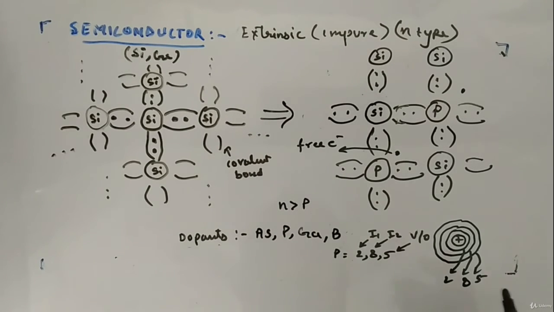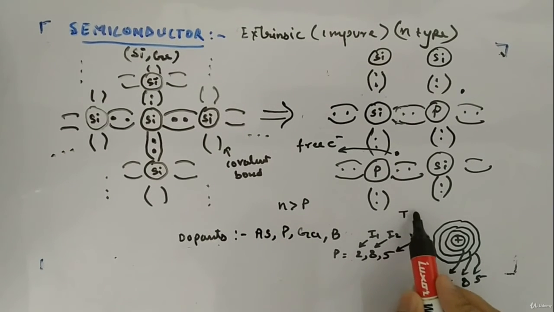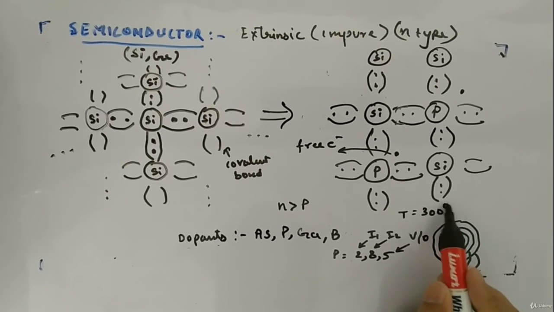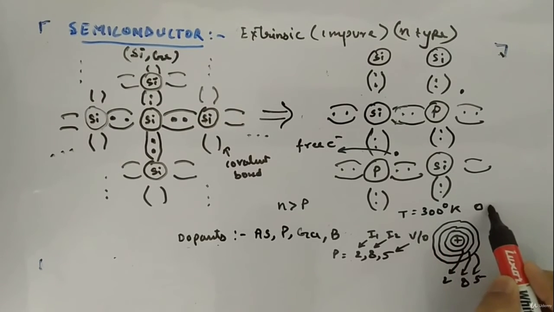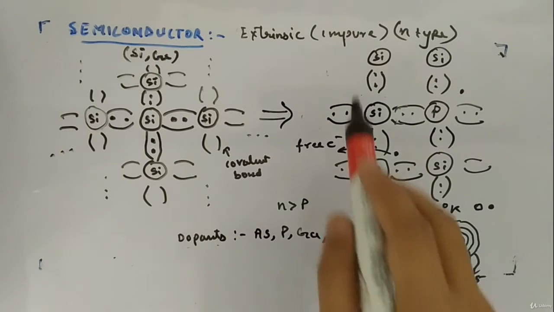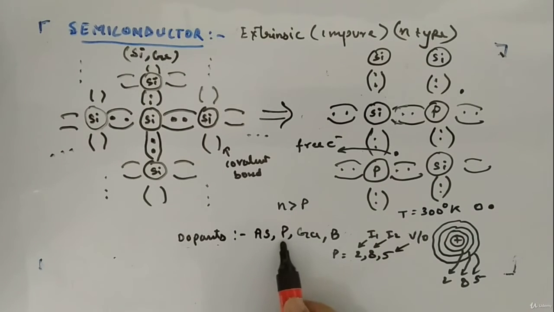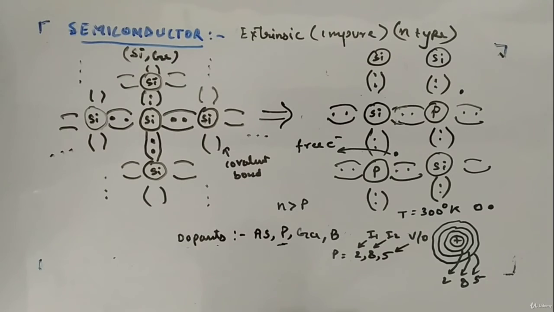Okay, so I hope you are getting the feel. When you apply temperature, say 300 degrees, it will generate an equal number of holes and electrons, and plus you are adding the impurity as well, the phosphorus impurity. Now phosphorus has 5 electrons in its outermost shell.